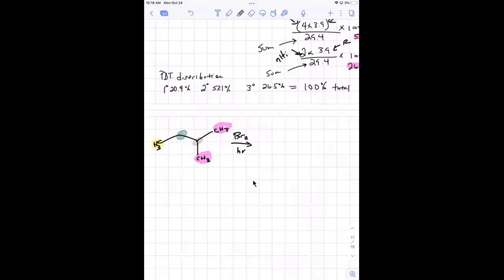Again, the Br2, what does that mean? What am I substituting, first of all? Because that doesn't change. I'll take off a hydrogen and replace it with a bromine. Is that right? So each one of these locations is going to get what? A bromine. Is that right?